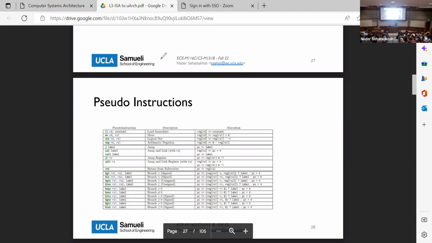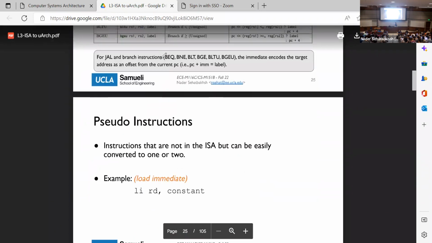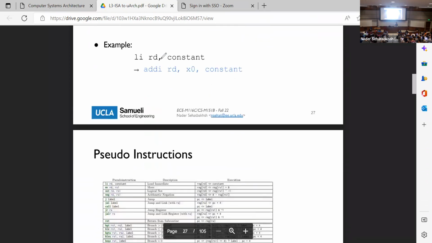The compiler for the assembly, which we call the assembler, will translate this into instructions. On the hardware side, we only see those things that we know we can support. We don't care about these pseudo instructions. When you're writing your program, you can use the pseudo instructions. When you're translating into machine code, which is what matters in terms of hardware, you won't see this.